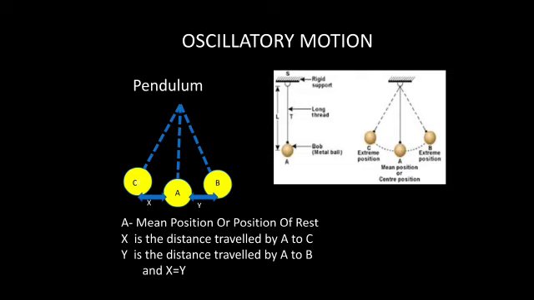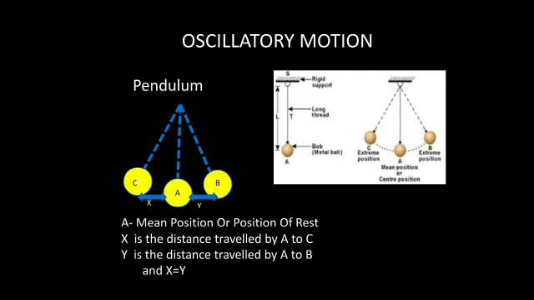So it started from A to B, then B to C, crossing the path A, then finally C to A. That is called one oscillation. You know that the time taken by the pendulum to complete one oscillation is always the same.